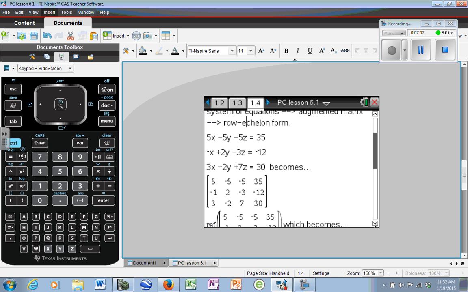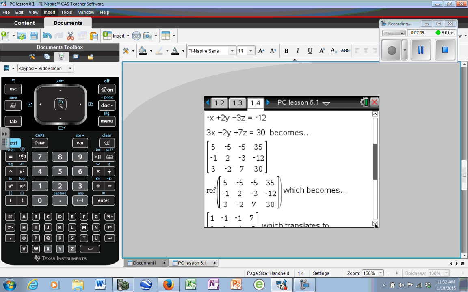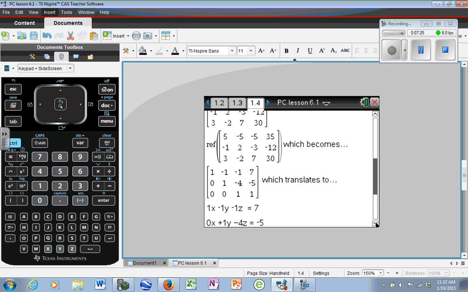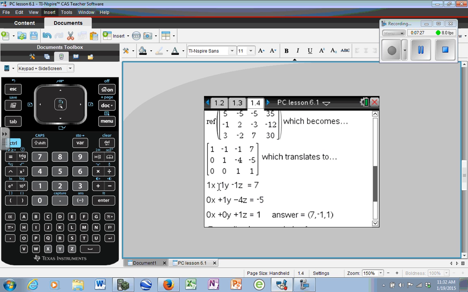There is an operation in the matrix menu which is called RREF, reduced row echelon form, and when you hit enter on that, it becomes this, and this is what's called row echelon form, and this translates back into our system of equations.